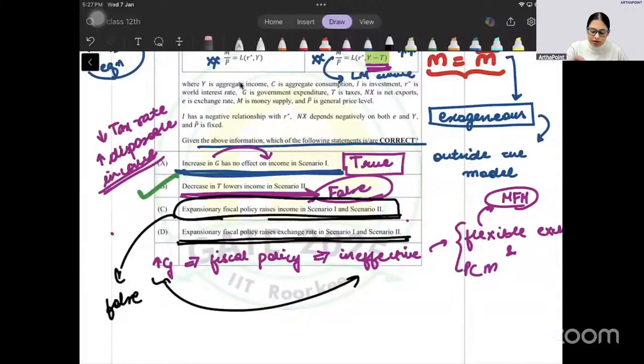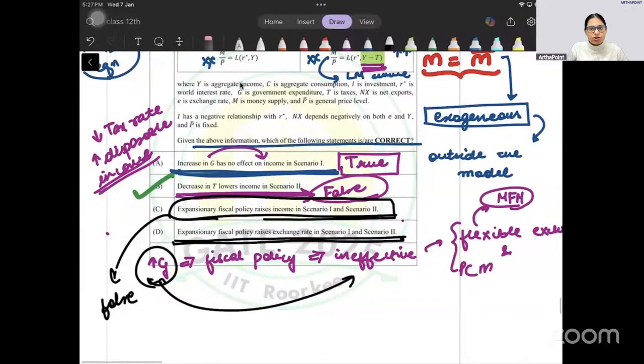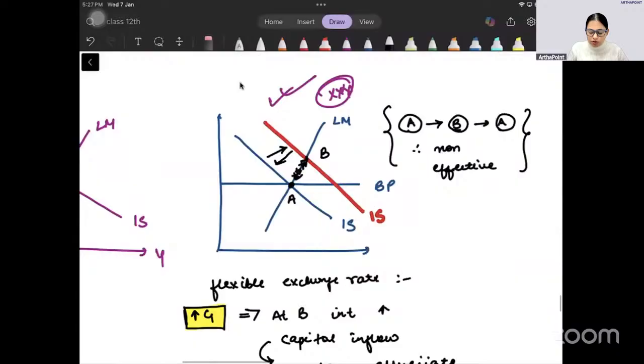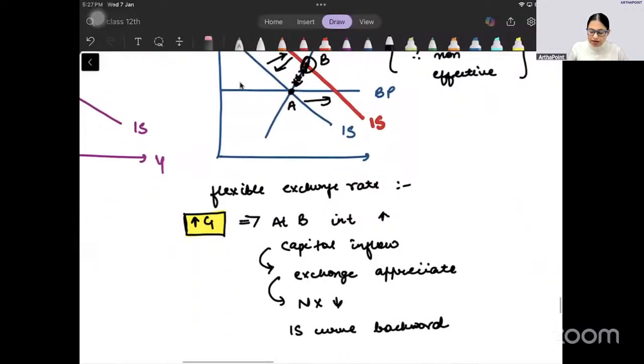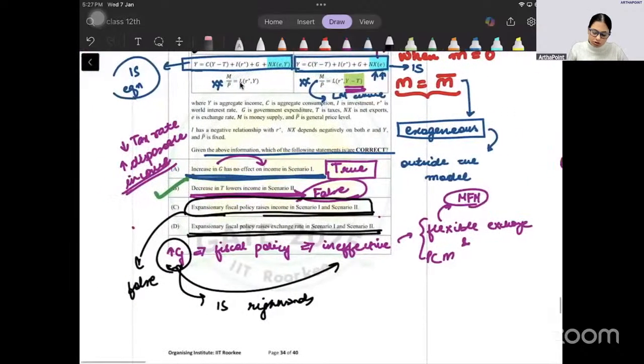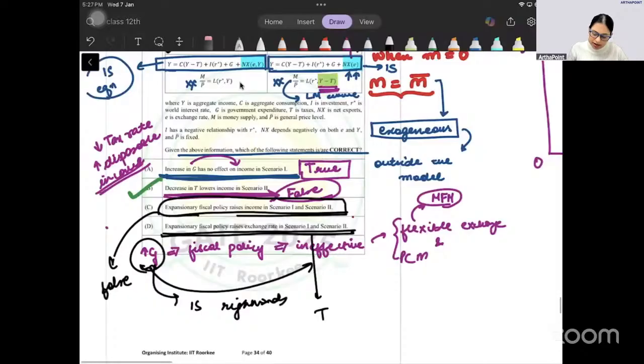Okay, good. So whenever government expenditure will increase, IS will shift rightwards, right? And whenever IS will shift to the right, your interest rate will increase, capital will inflow, exchange rate will appreciate. So yeah, this is true that the exchange rate will appreciate, right? So expansionary fiscal policy, exchange rate will appreciate.